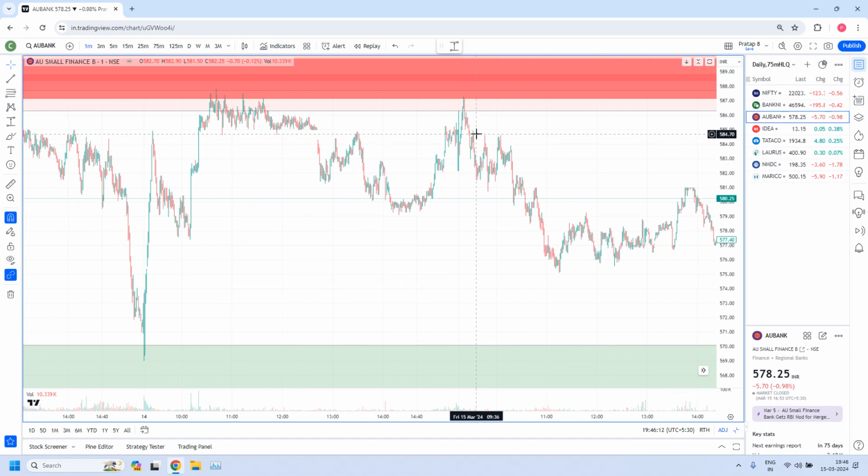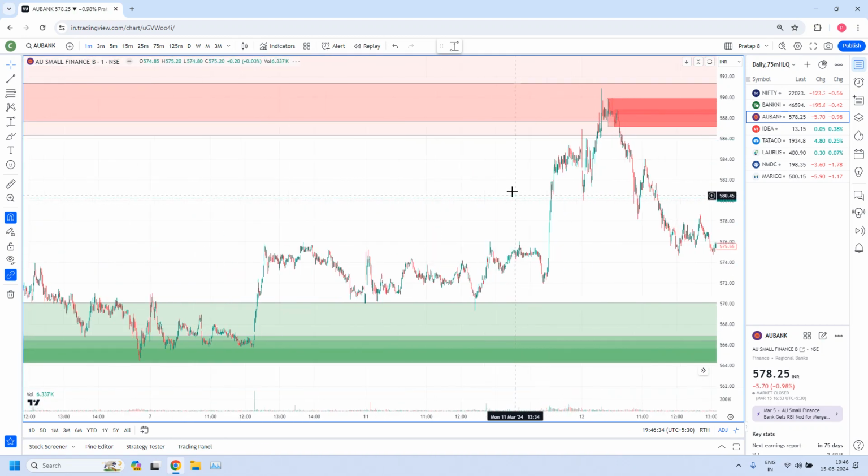So that is the reason why I didn't consider this as an HLQ trade. But definitely this is a valid trade based on EMA confluence, because all these adjustments are part of EMA confluence risk management point of view, not HLQ trade risk management point of view.